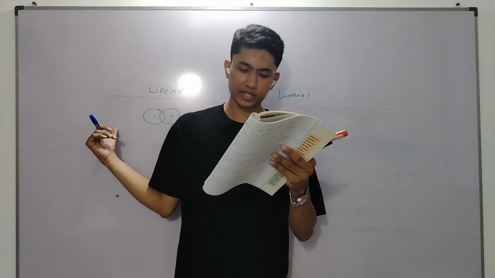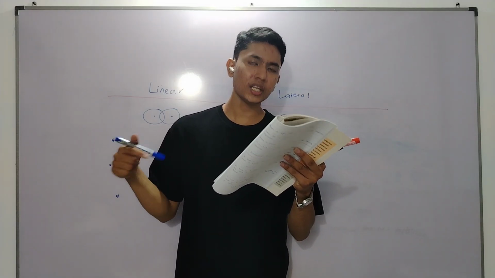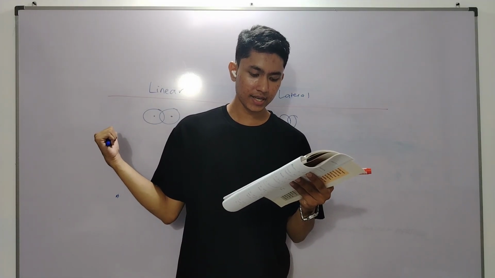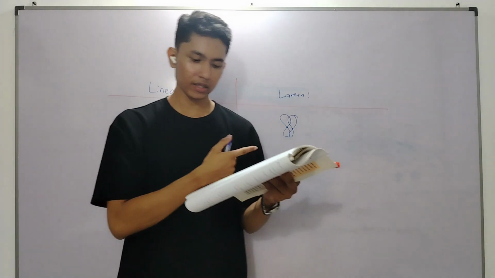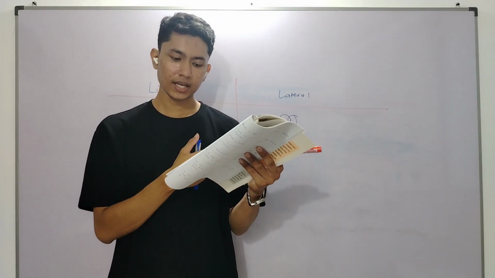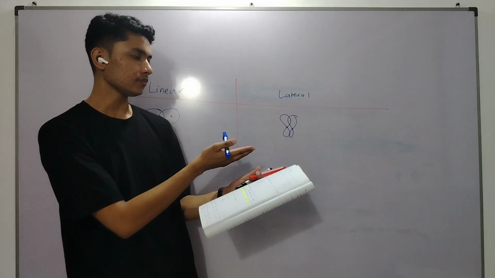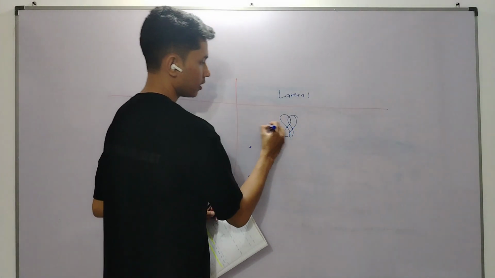First point. Linear: the electron density highest area is present in between the two nuclei. Lateral: the electron density highest areas are present on either side of the nuclei.